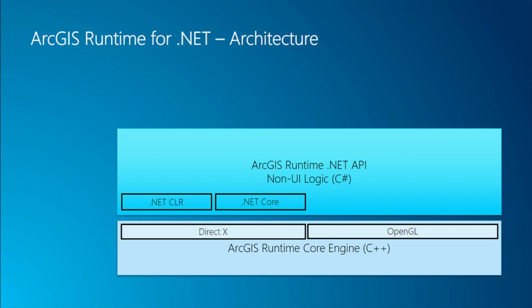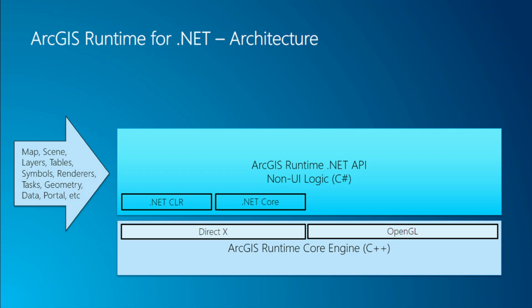So for Windows platforms, for WPF and UWP, the .NET functionality capabilities are surfaced through the .NET CLR for WPF, .NET Core for UWP. And the classes that are common, that can all be shared across all our platforms, are basically most of what's in the API.